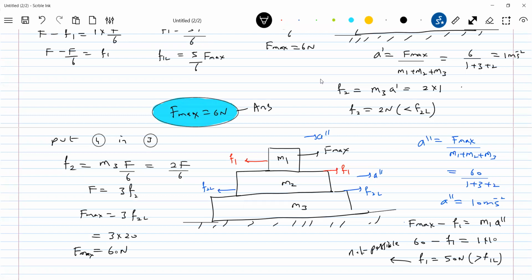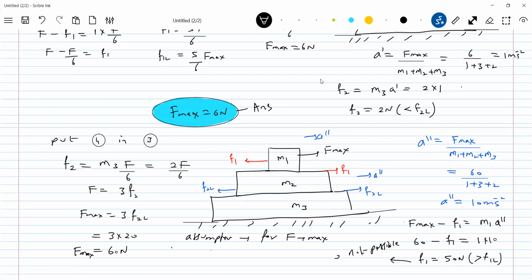When we applied maximum force, we assumed there was slipping between M2 and M3. That assumption was wrong, no? What was the assumption? For F maximum, slipping occurs at M2 and M3.